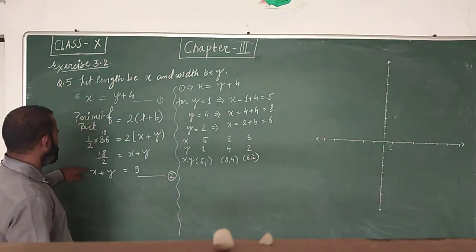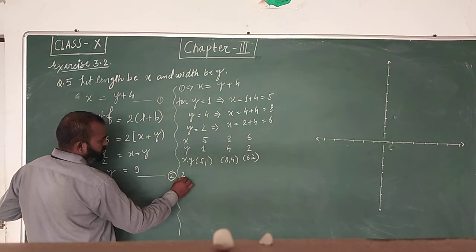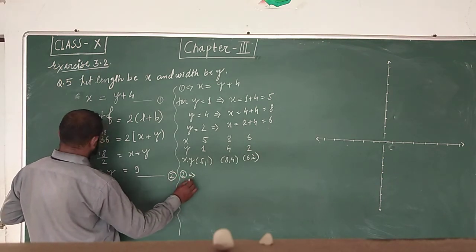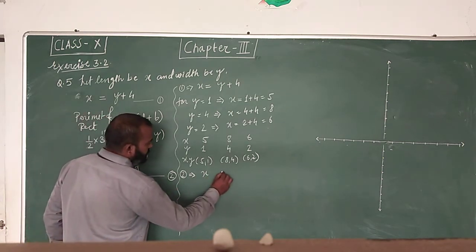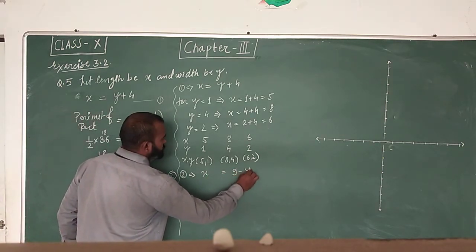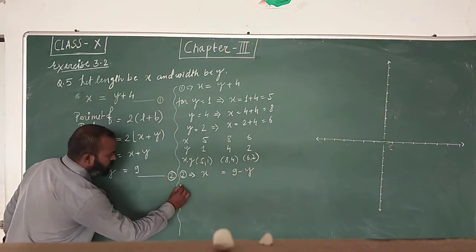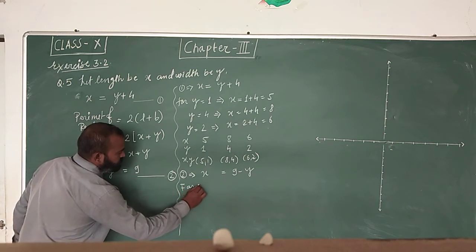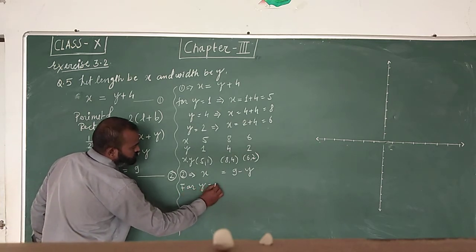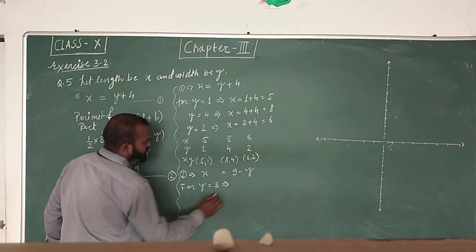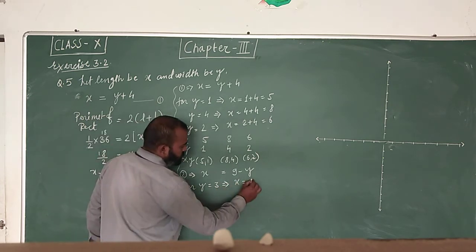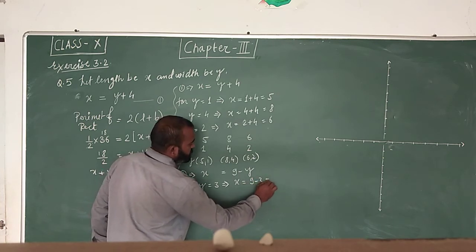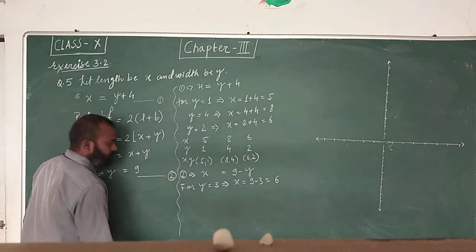For the second equation we will go. Second equation is x. I am sending y to that side, so it will become x is equals to 9 minus y. Now for y is equals to 3, what you will get? X is equals to 9 minus 3, that is 6.